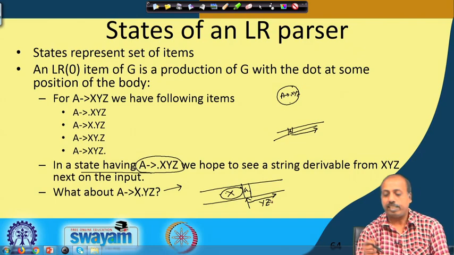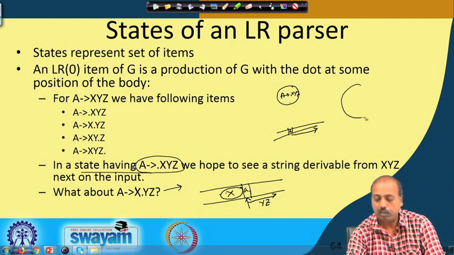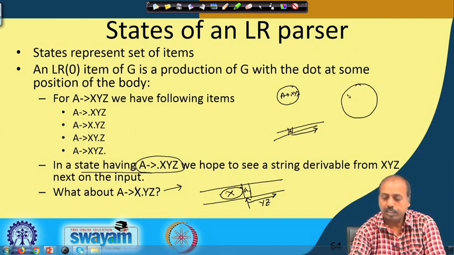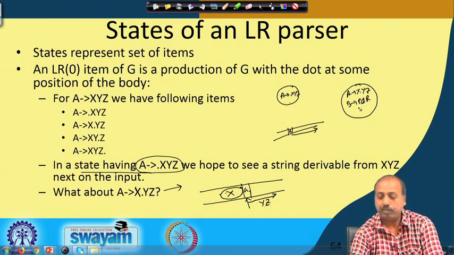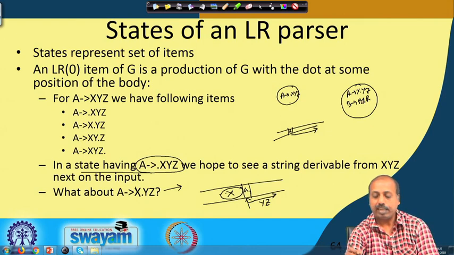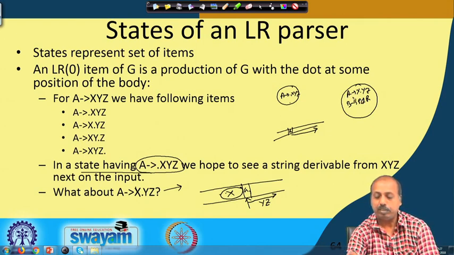In some state, if I have a number of items like A producing x dot y z, or B producing p q dot r, with 2 items, that means I could have arrived at this state by either of these 2 cases.